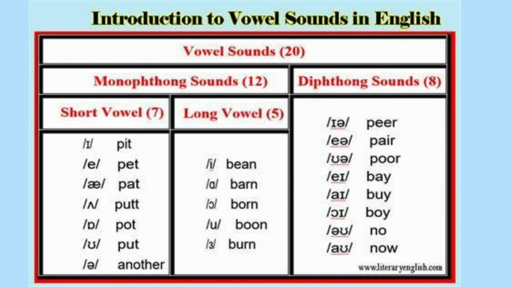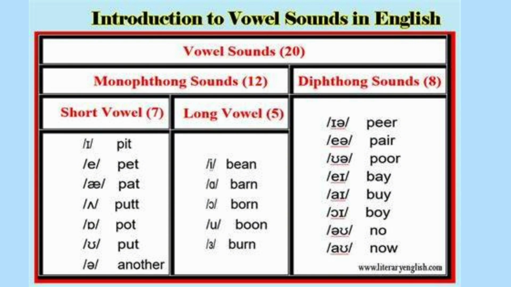Now look at the short vowel table given in the column below. In pit, the i is pronounced as a short i. In pet, the e is pronounced as e. In pat, we write it as a and e joined together, and you know the sound is a.